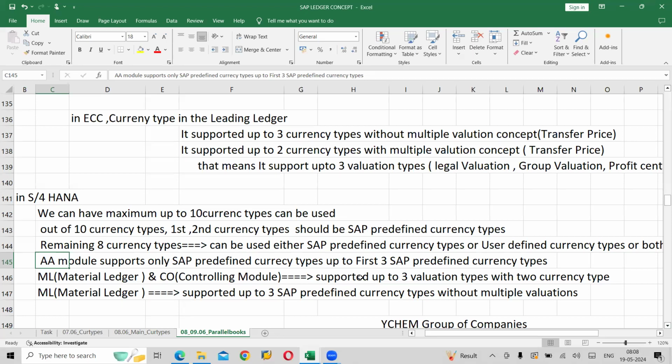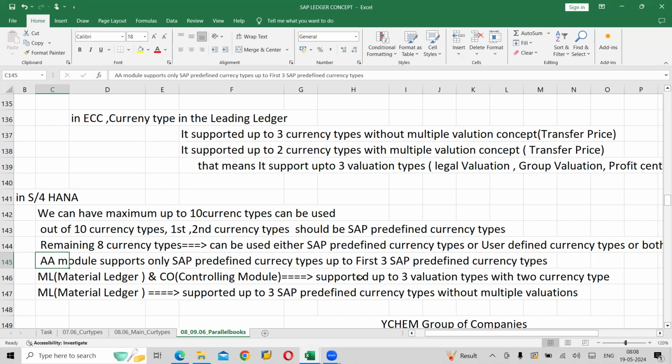So whenever the user posts a document in Singapore dollar, it will convert your Singapore dollar into your INR, your USD, and as well as your euro.